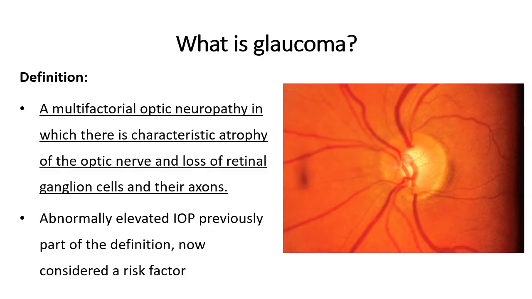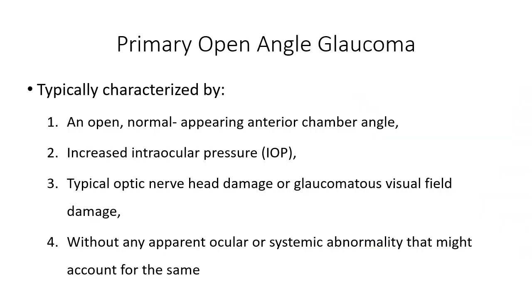It is the retinal ganglion cells and their axons which make up the optic nerve, as you already know. Abnormally elevated IOP was previously a part of the definition, but studies have shown that it is a risk factor. IOP may not be elevated all the time and in all the cases of glaucoma.